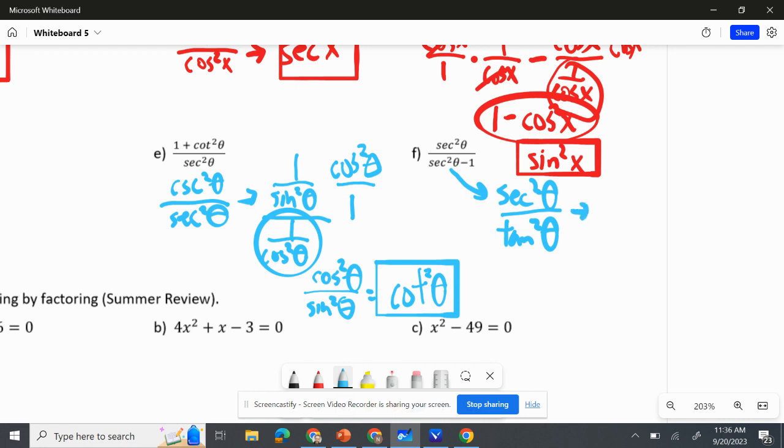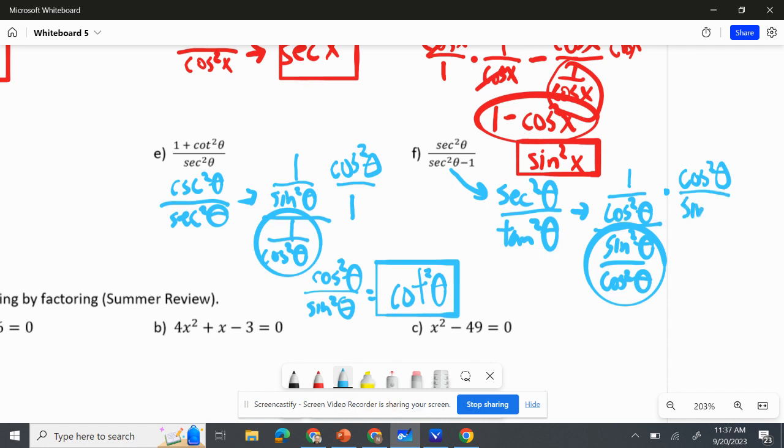Secant, we know, is 1 over cosine, and tangent is sine over cosine. Now, keep, change, flip. We're taking our dividing one and flipping it. So we have cosine squared theta over sine squared theta. And the cosines cancel, so what we're left with is 1 over sine squared theta. Now, 1 over sine is cosecant, so cosecant squared theta is our answer.